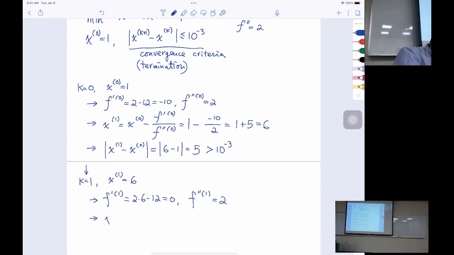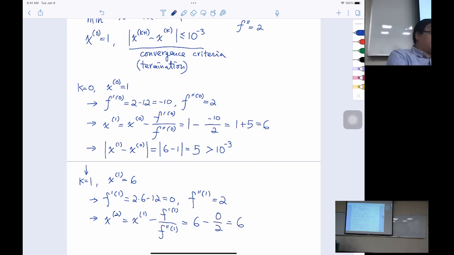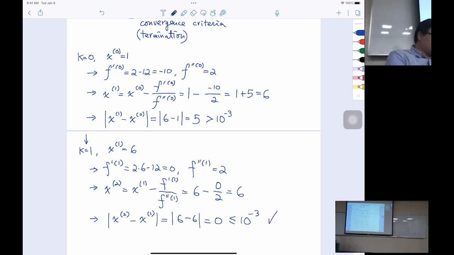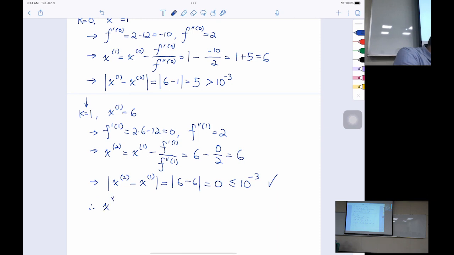So x2 equals x1 minus f prime of x1 over f double prime of x1. So that gives me 6 minus 0 over 2. I got 6 again. And I need to do the convergence check. x2 minus x1, at the end, I have 6 minus 6. That is 0. It's smaller than 10 to the power of -3. Converged. So at the end, my optimal is x2, that is 6.